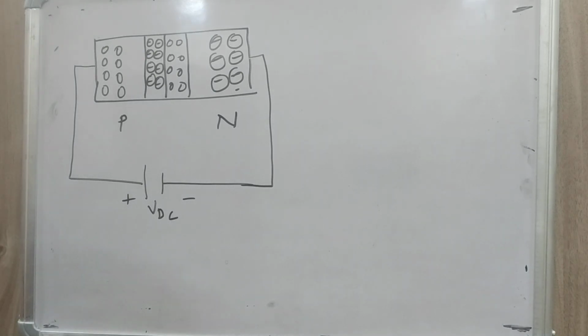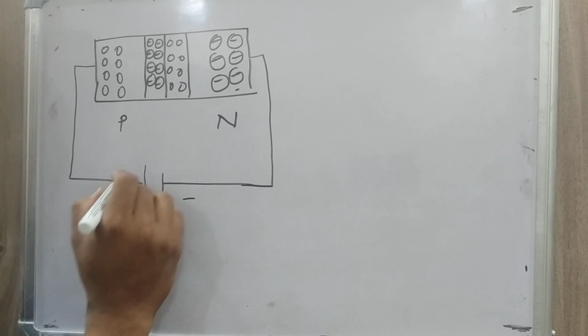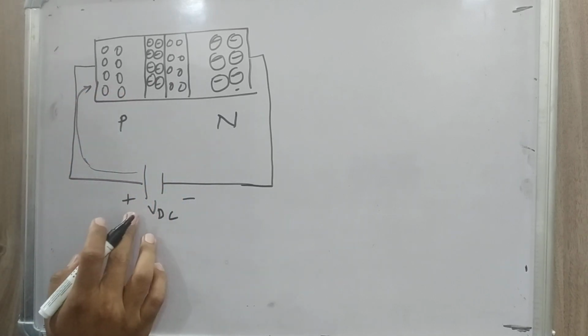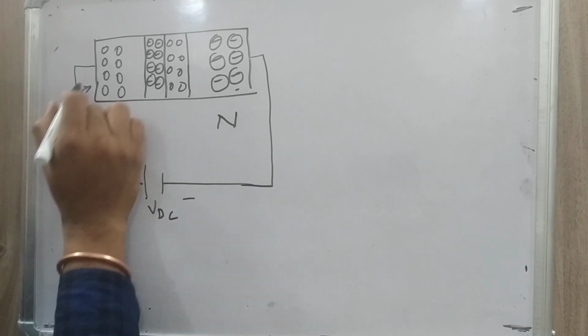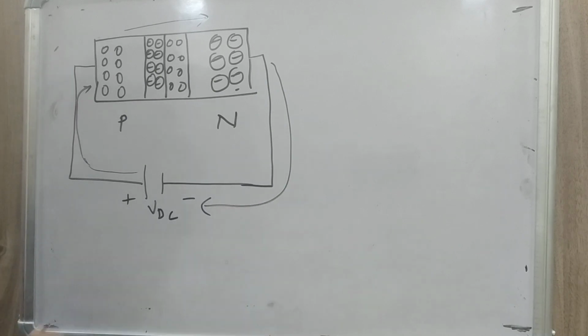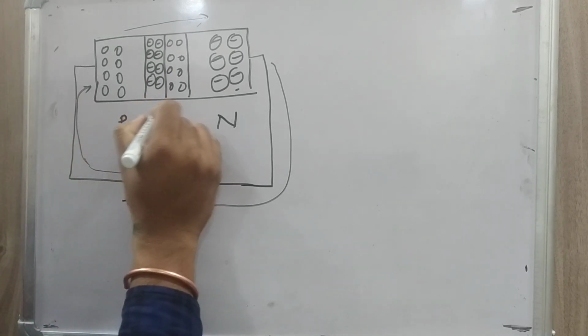Now when we forward bias the diode, the electric field which is set up by this external voltage source goes through these conducting wires. It is from the positive terminal, then through the conducting wire, then through this PN junction diode, and back to the negative terminal. So this is the direction of the electric field set up by the external supply voltage source. Now if you see the electric field direction inside the depletion layer, it is in this direction, right?